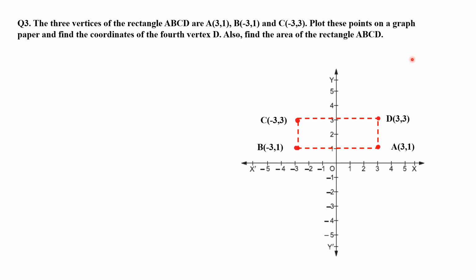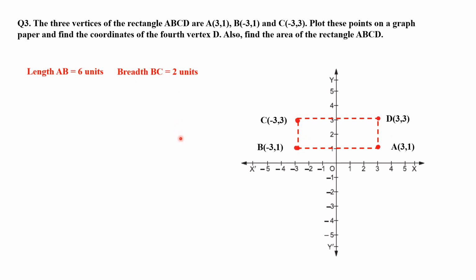Now you have to find the area of the rectangle also. Now area of the rectangle is length into breadth. So if I take length as AB, find out how much is the measure of AB. So -3 to 0 is 3 units, and again 0 to 3 is 3 units. So 3 plus 3, 6 units. Same way BC is 2 units. So length and breadth we know the value.